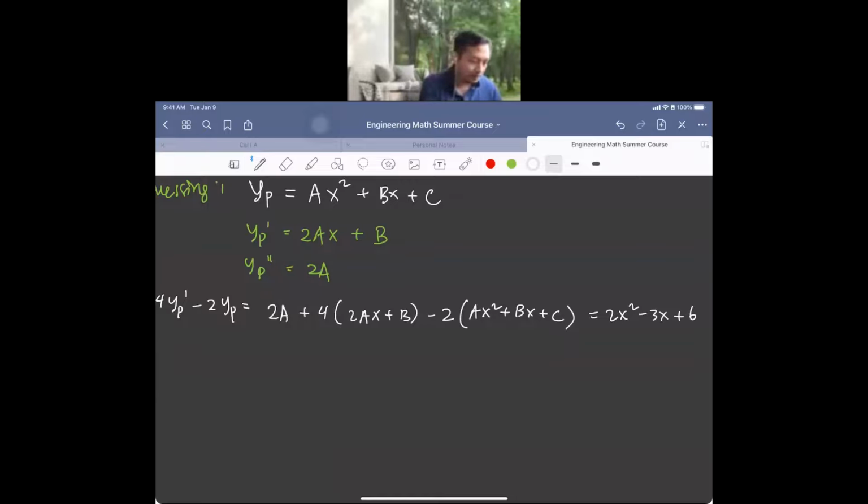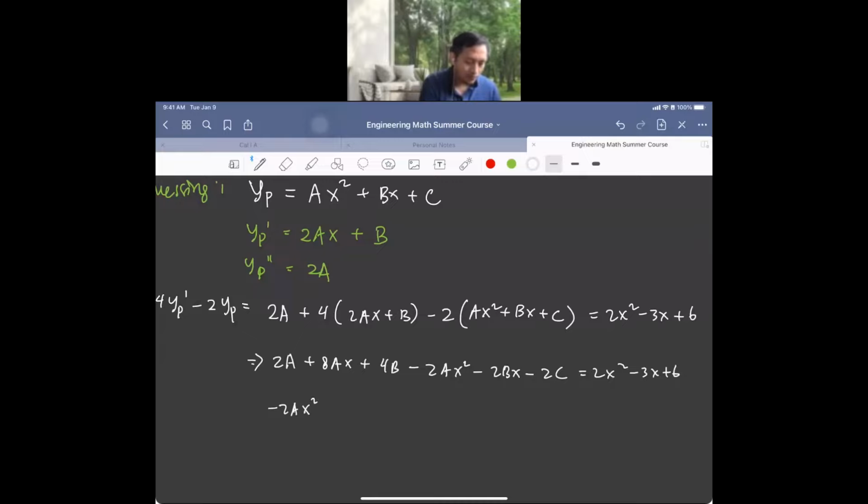Now we are going to group all the terms by power of x. So 2a plus 8ax plus 4b minus 2ax squared minus 2bx minus 2c.